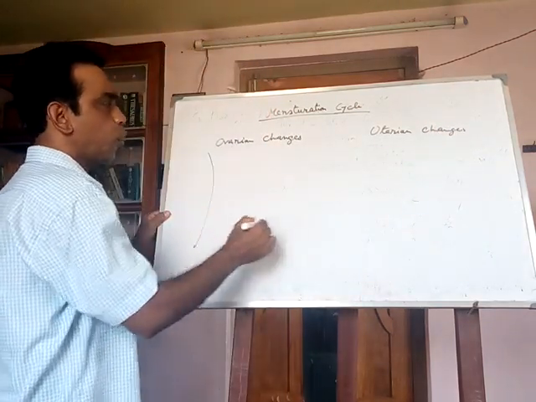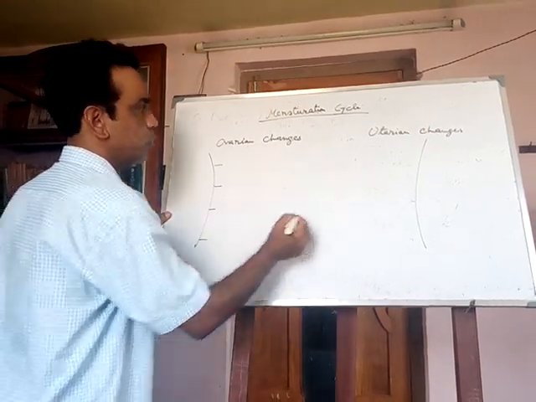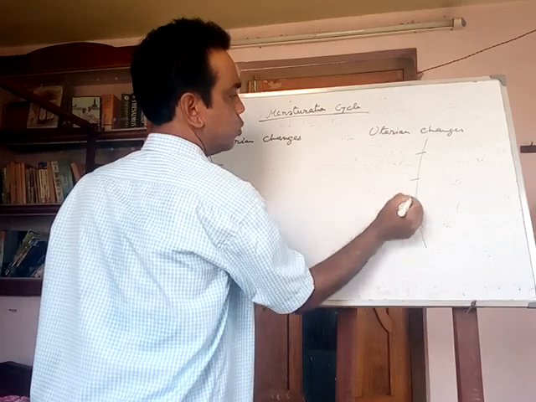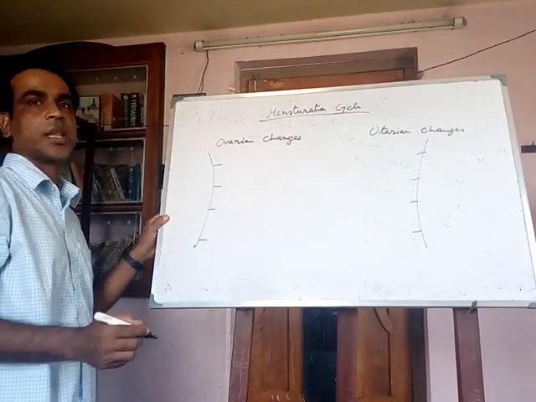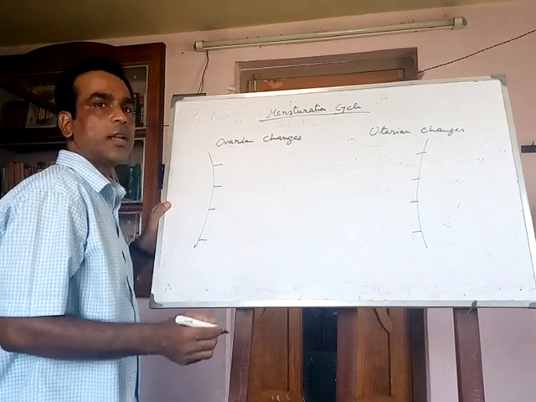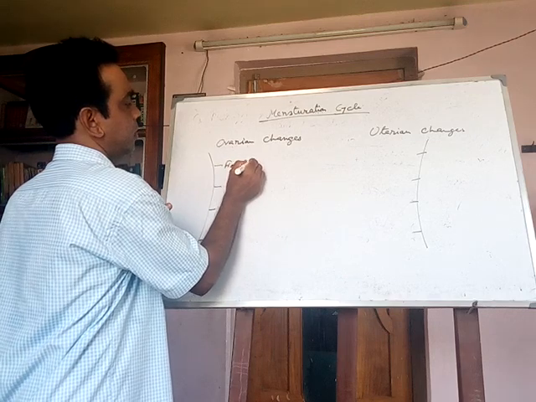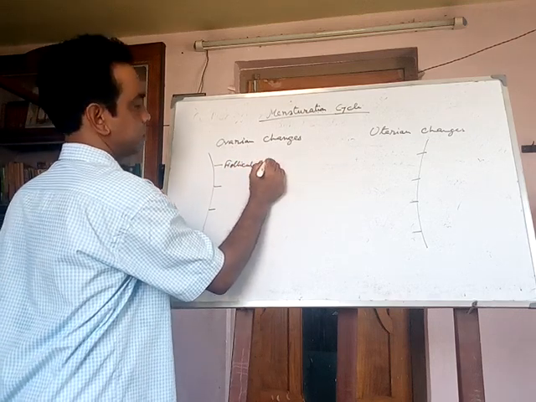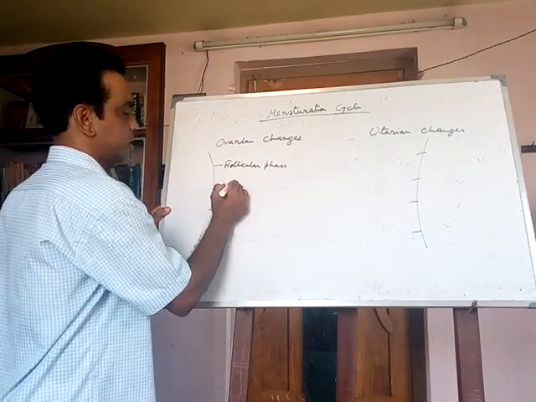There are 4 stages: 1, 2, 3, 4. The first stage is the follicular phase. Second, the ovulatory phase.